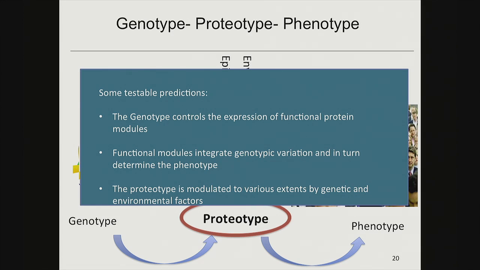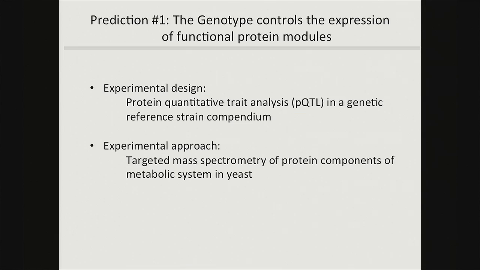For each one, the members of the laboratory have made experiments and studies, and now I'm summarizing these fairly briefly to show to what extent these expectations or predictions that arise out of this view of a modular biology actually hold up. So the first prediction is the genotype controls the expression of functional protein modules.